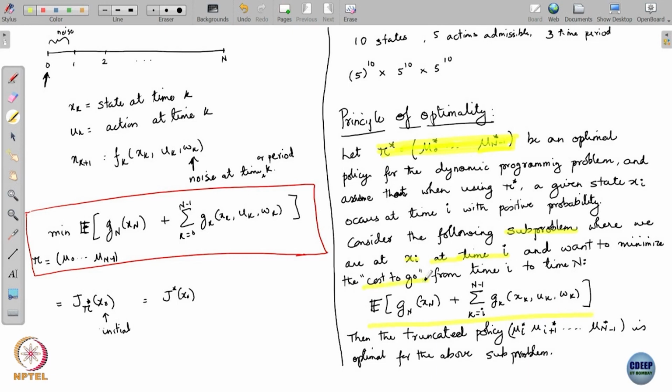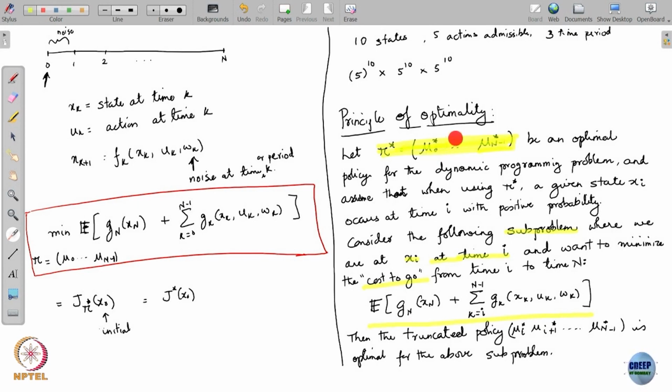Then for this problem, what is the optimal policy? The principle of optimality says you just look at your original policy and truncate it. This policy has functions for each time instant from 0 to n minus 1.